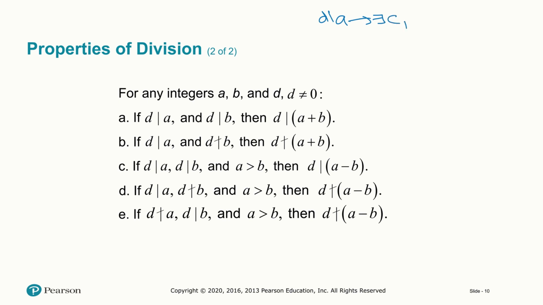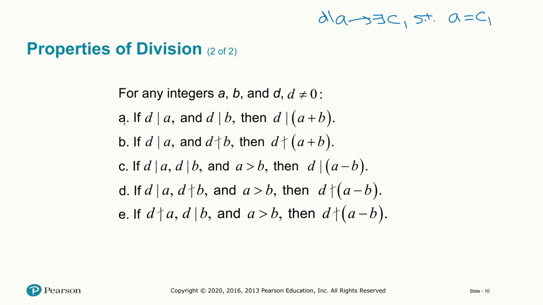You'll see in a minute why I want to do that. Such that a is equal to that constant times, and of course the constant belongs to the set of whole numbers, right?